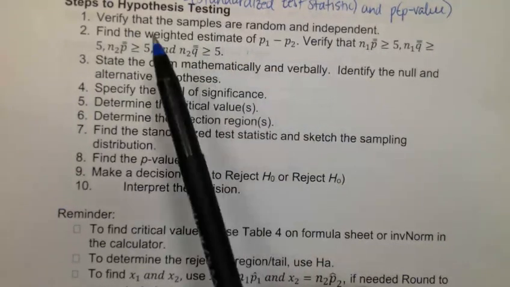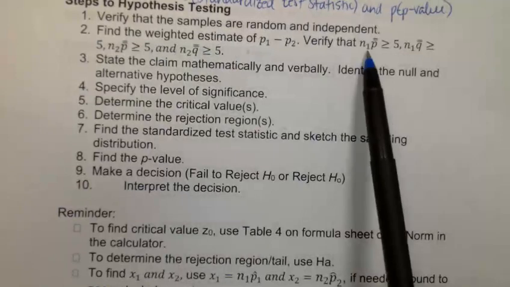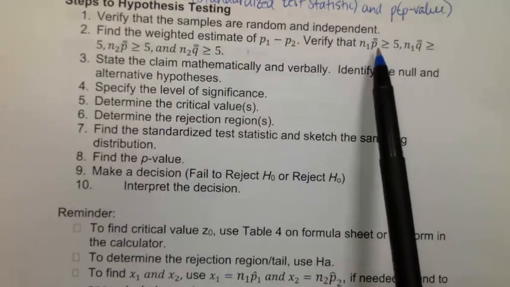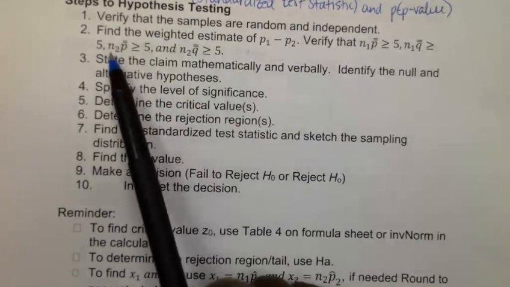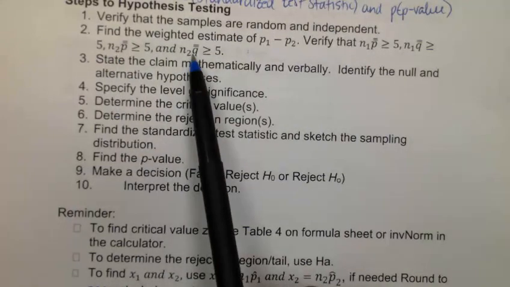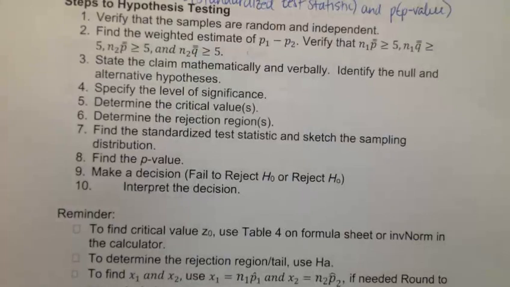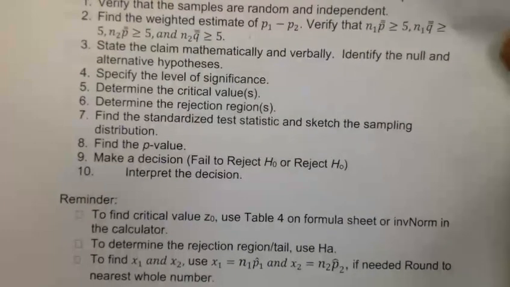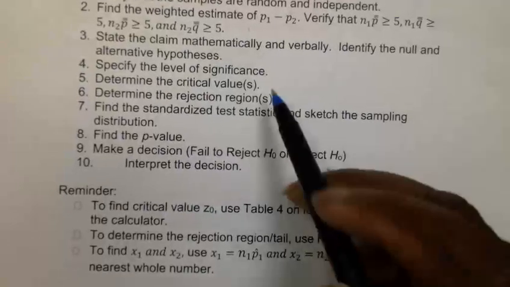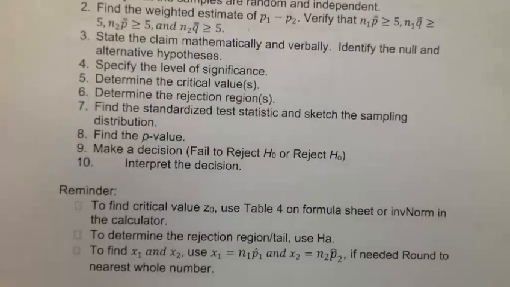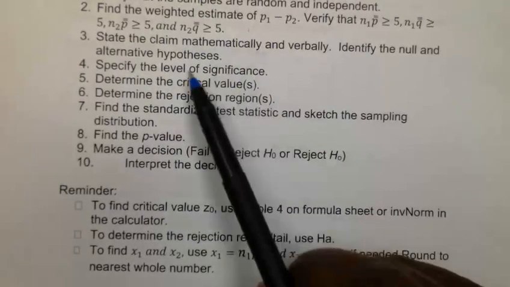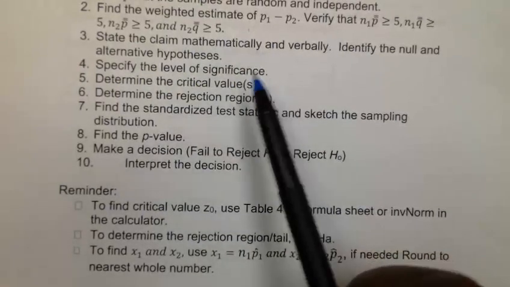We're going to verify with n1 p bar, n1 q bar, n2 p bar, and n2 q bar to make sure they're all greater than or equal to 5. So they have to be at least 5 to do these problems. We're going to state the claim mathematically and verbally, identify the null and alternative hypotheses, H0 and HA, and identify your level of significance.